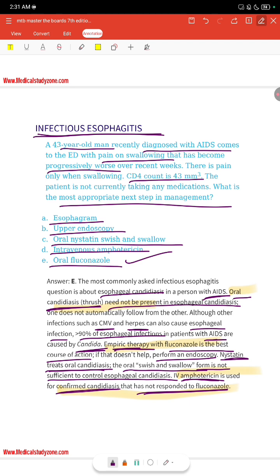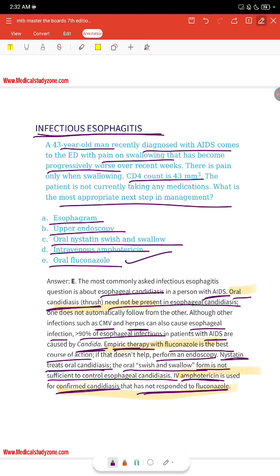Like in this patient, there is no complaint of oral candidiasis, but there is the presence of esophageal candidiasis. And the other thing that he says is that although other infections such as CMV and herpes can also cause esophageal infection, more than 90% of esophageal infections in patients with AIDS are caused by Candida.